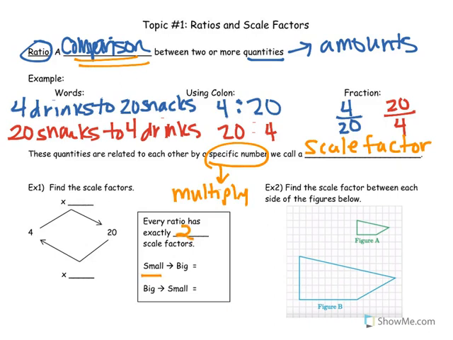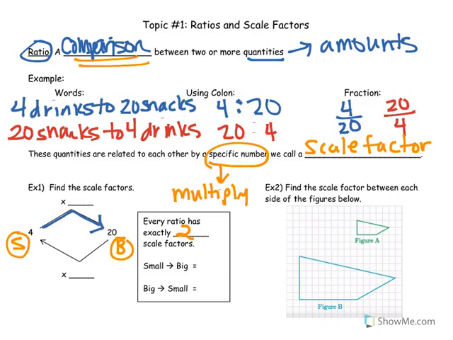All right? Every ratio has exactly 2 scale factors. We're going to think about the scale factor that I would multiply the small number by to get to the big number, and the big number by to get to the small number. Okay? When I say the small number, I mean 4 is smaller than 20, right? So 4 is the small number, 20 is the bigger number. So let's follow this arrow. 4 times what gets me 20?